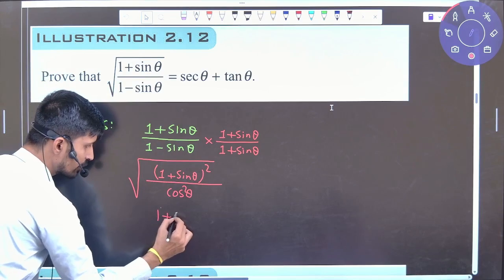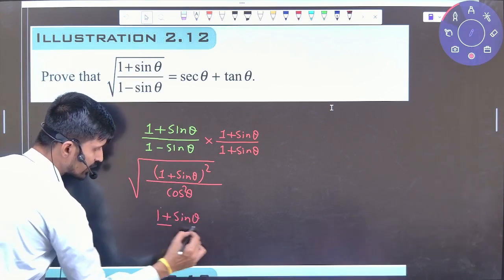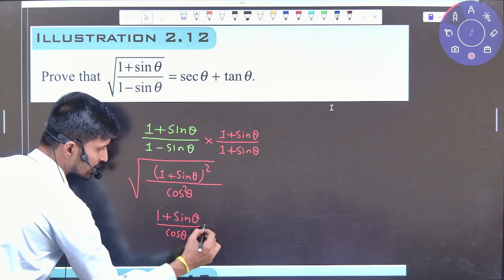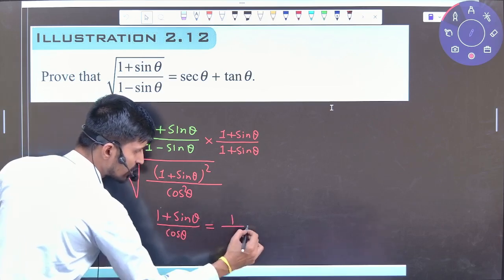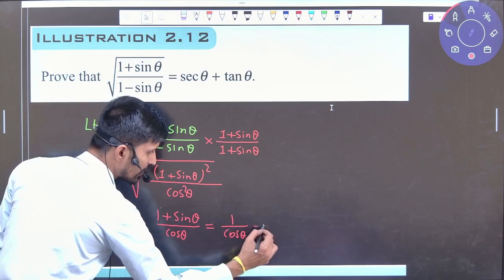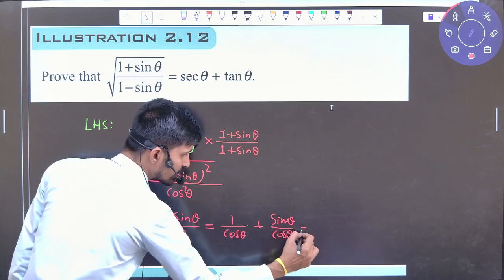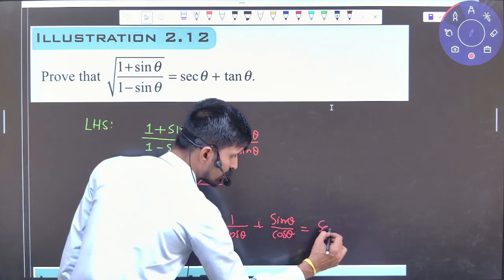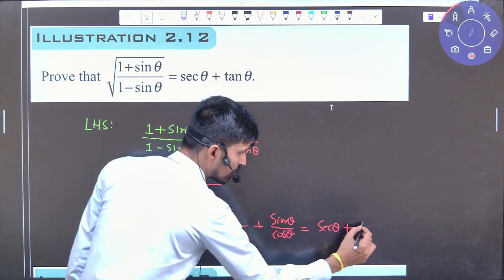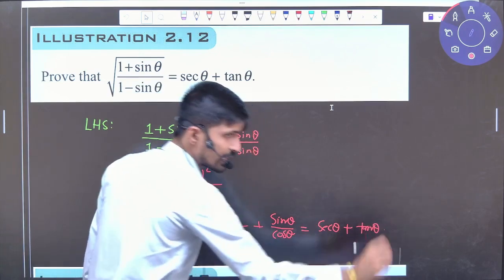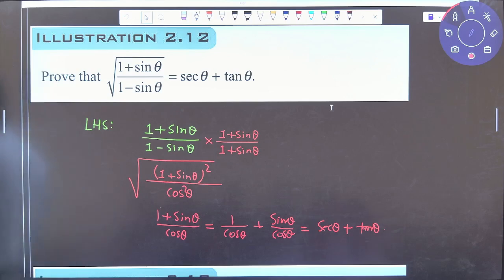What will this become? 1 plus sin theta upon cos theta. Can we write 1 plus sin theta upon cos theta as 1 upon cos theta plus sin theta upon cos theta? And what is 1 upon cos theta? Sec theta. Sin theta upon cos theta? Tan theta. It's proved, right? Write it down.